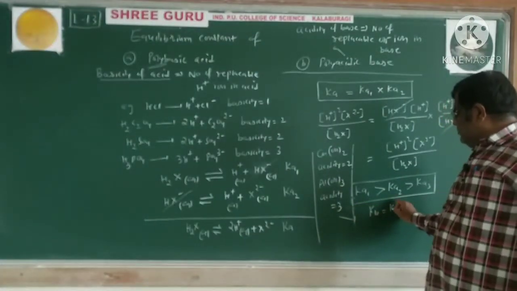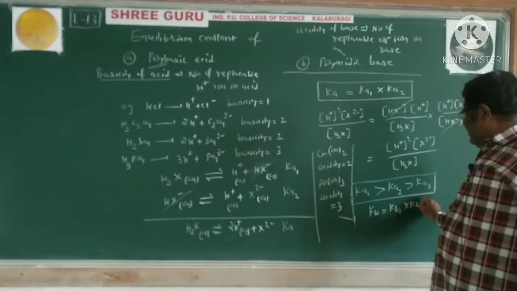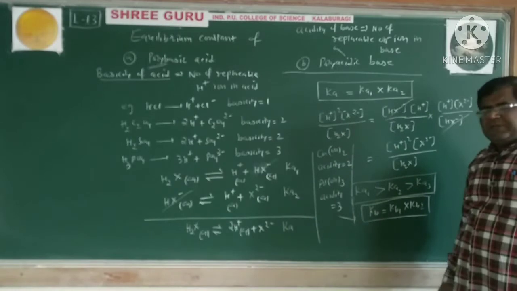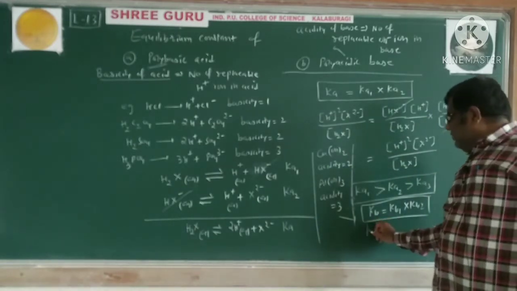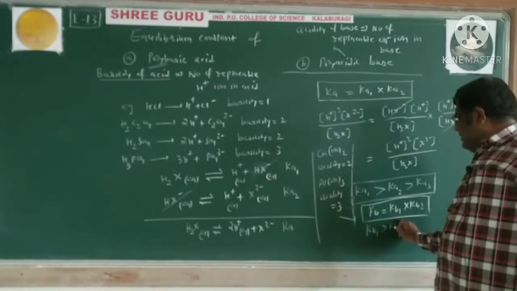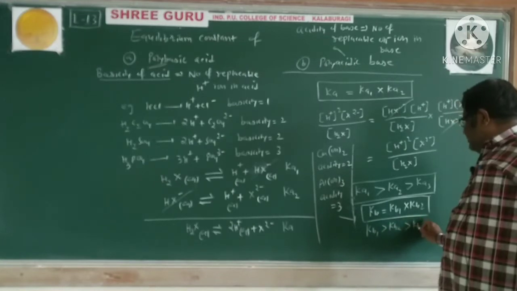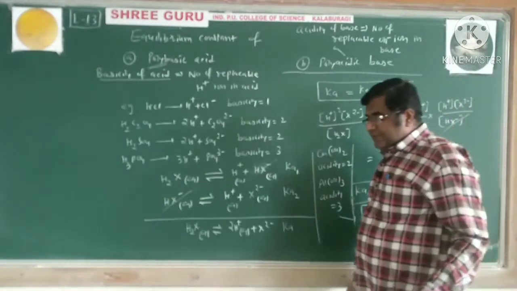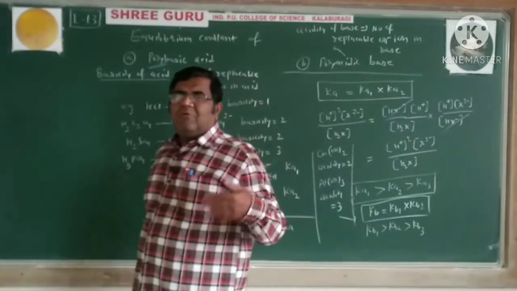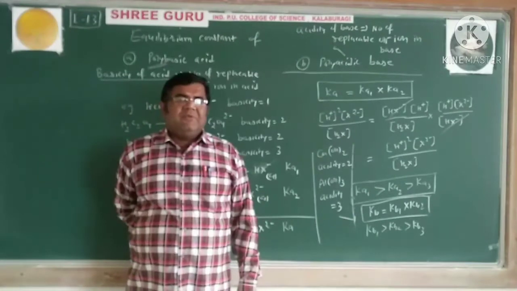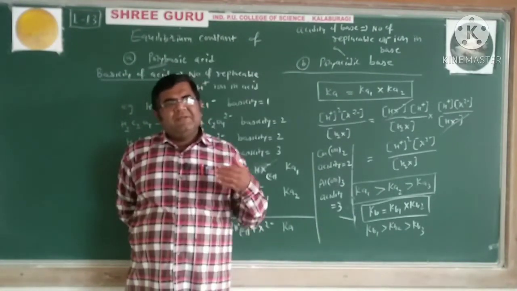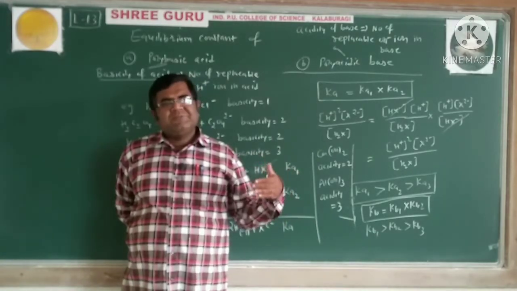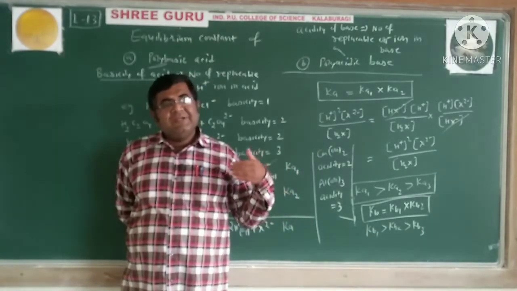Kb equals Kb1 into Kb2, just like K equals K1 into K2, and Kb1 is greater than Kb2 is greater than Kb3. The relation is same here. It means the more OH negative ions have to be released, in the first step that release is more, in the second step it decreases, in the third step again it decreases.